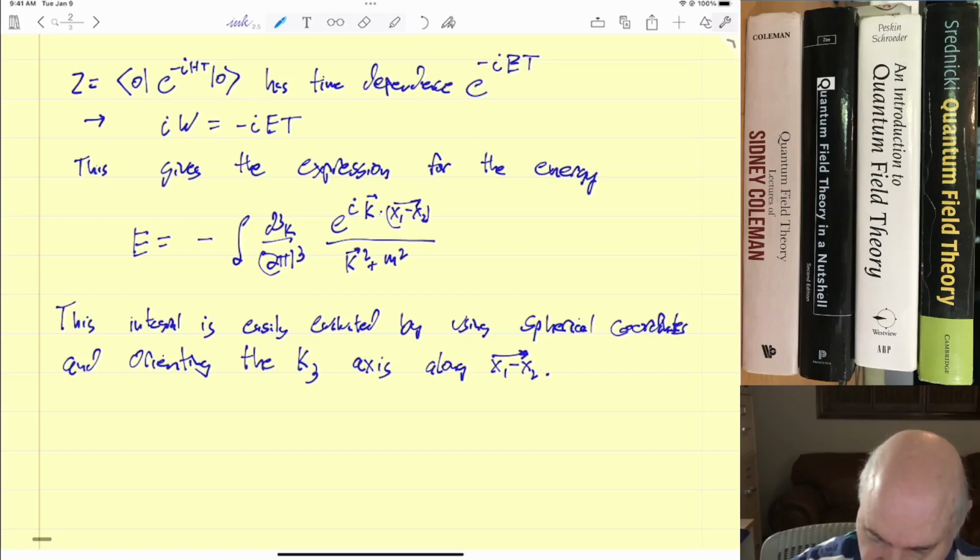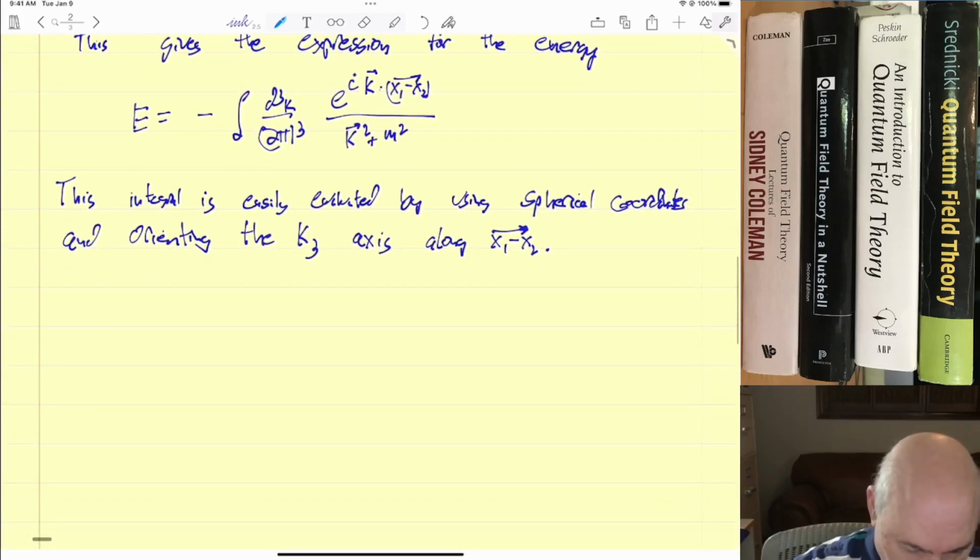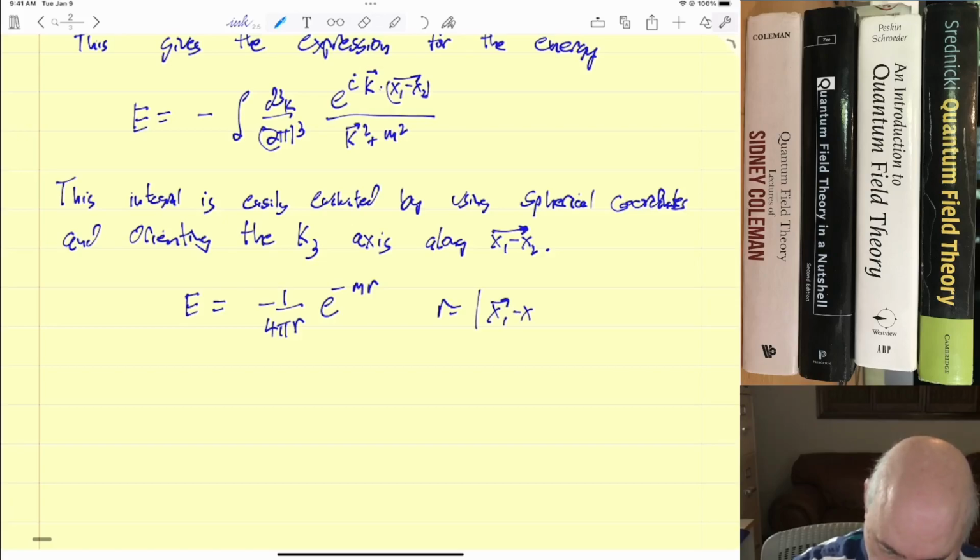So if you do that, some routine integrals, we've done this before. I've done it before in some of my videos. And you'll end up getting E equals minus 1 over 4 pi r e to the minus m r. r is equal to the absolute value of x1 minus x2.